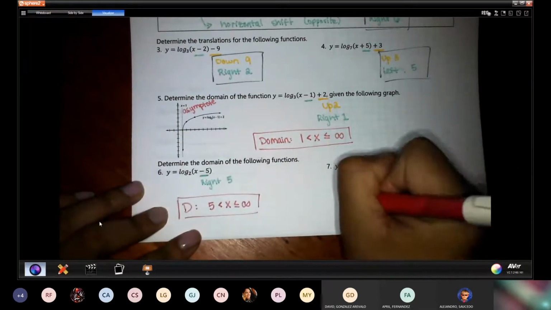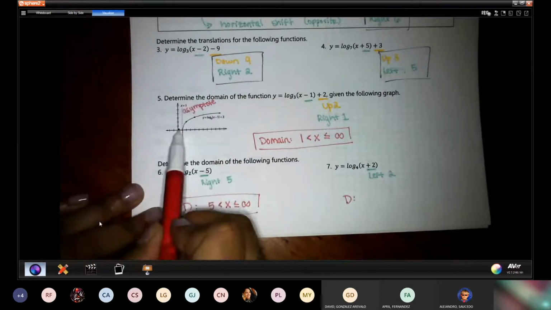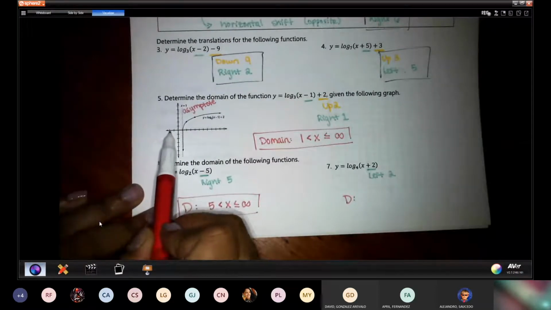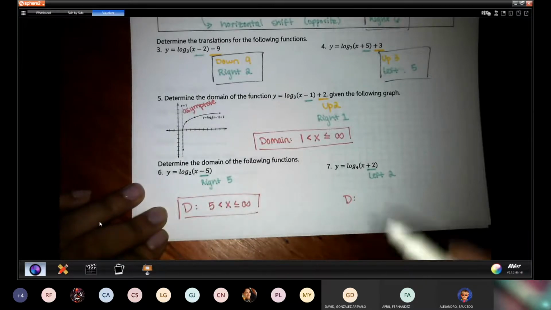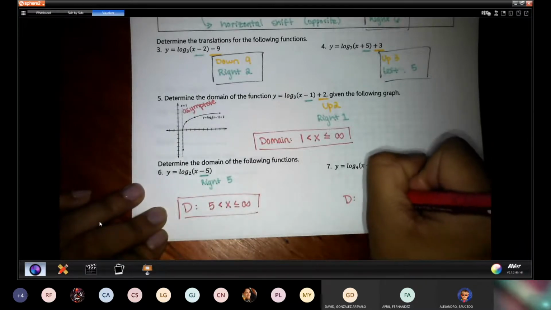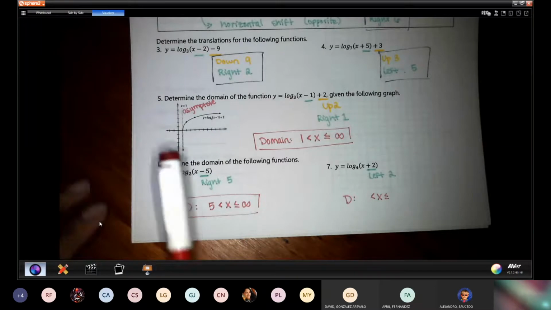All right, and the difference here is it moved left 2. So if we move the asymptote left 2, then what is our x value for the asymptote? Any ideas? Not quite negative infinity, right?